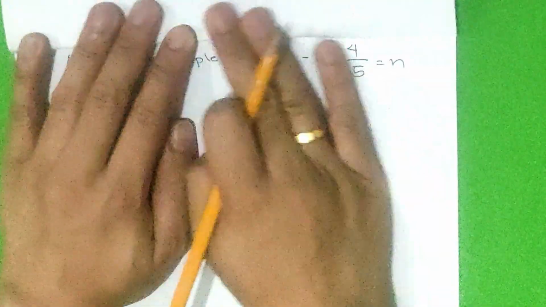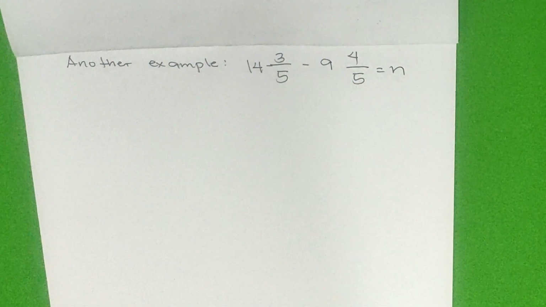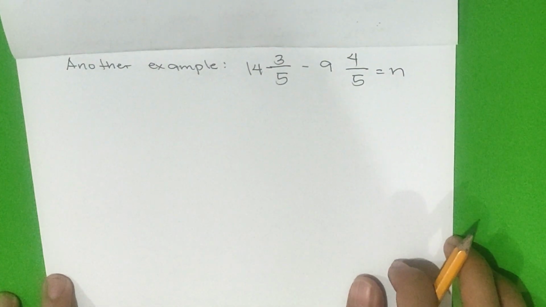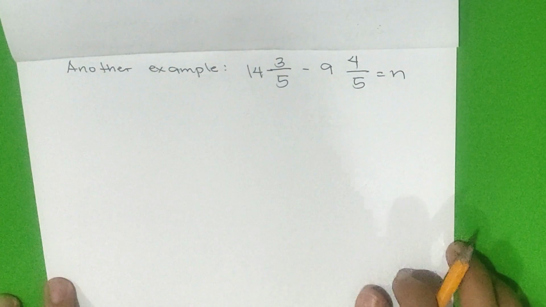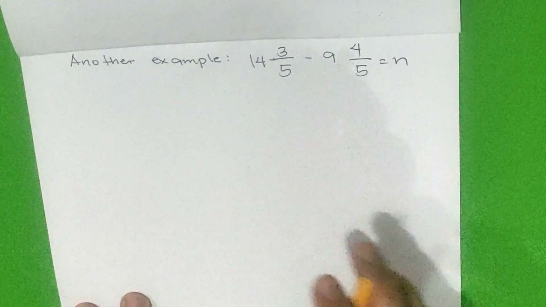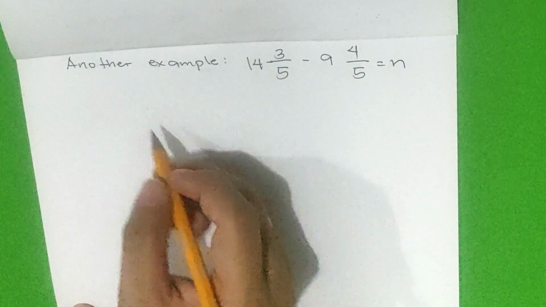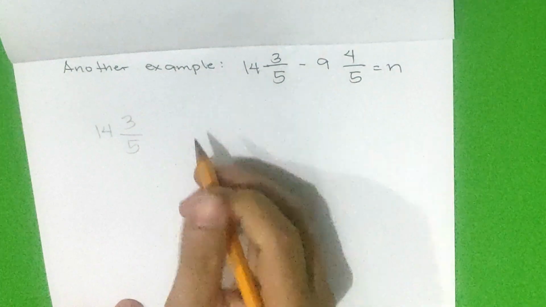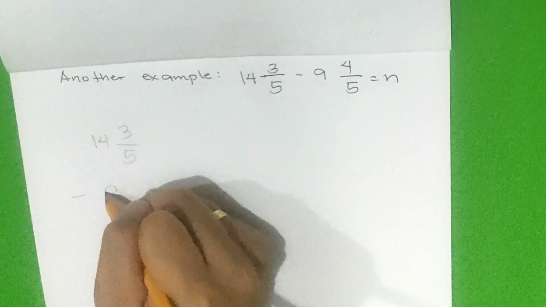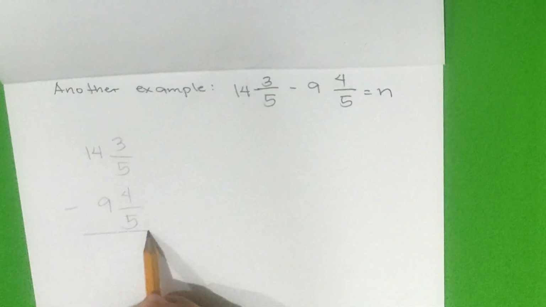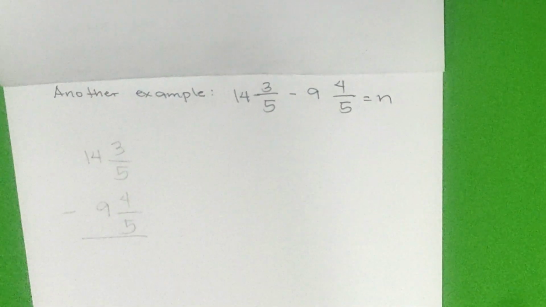So let's have another example. 14 and 3/5 minus 9 and 4/5. The first step is to align and compare the fractions. Let's compare the fractions.